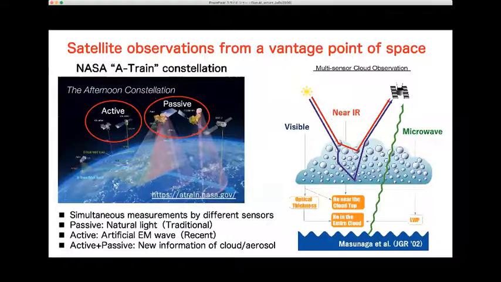This is a major progress in recent satellite observations that can be used to improve and evaluate our climate modeling and eventually climate predictions.